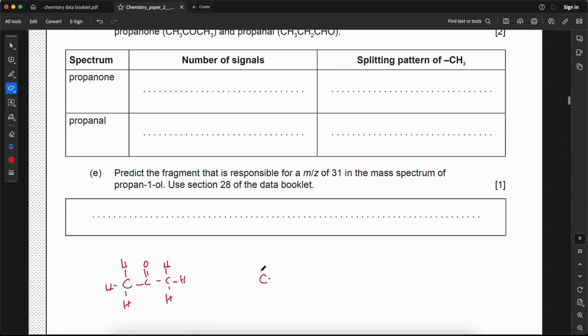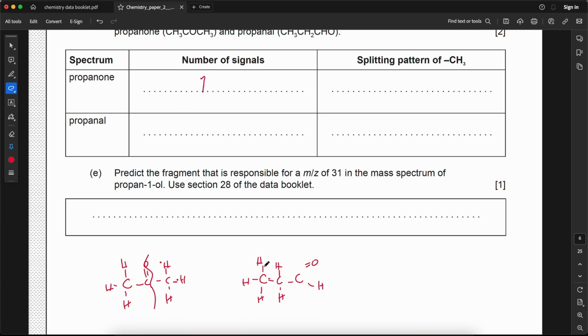So CH3, CH2, C double bond, and then H. As you can see, this is symmetrical. So CH3 here and CH3 here, they have the same kind of H environment. So the number of signals will be only 1.